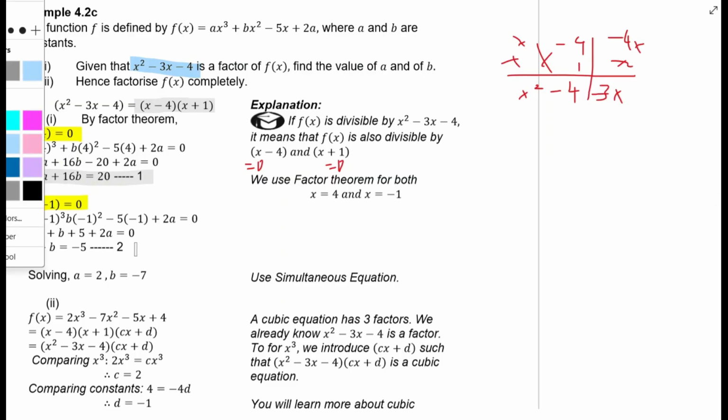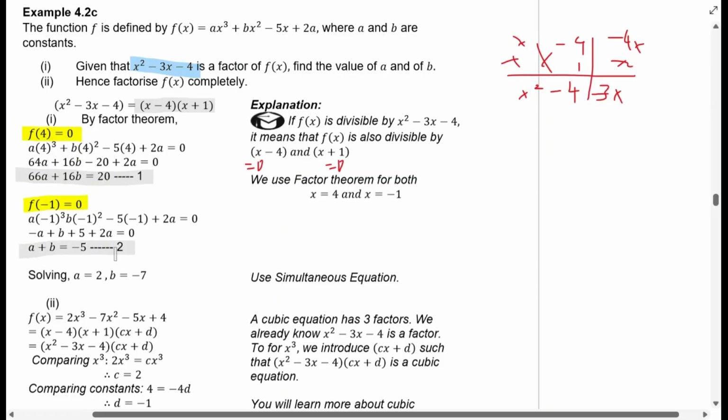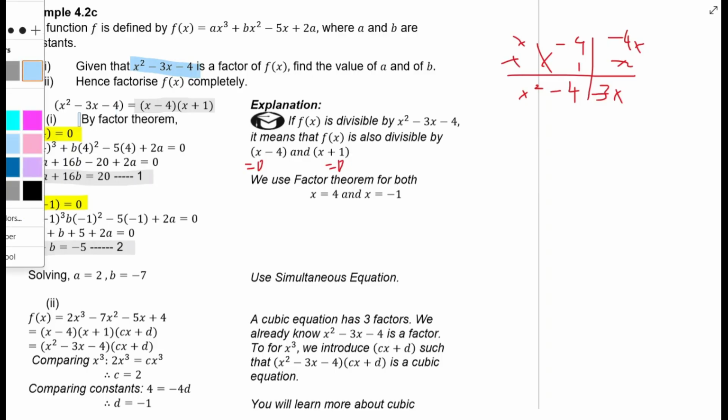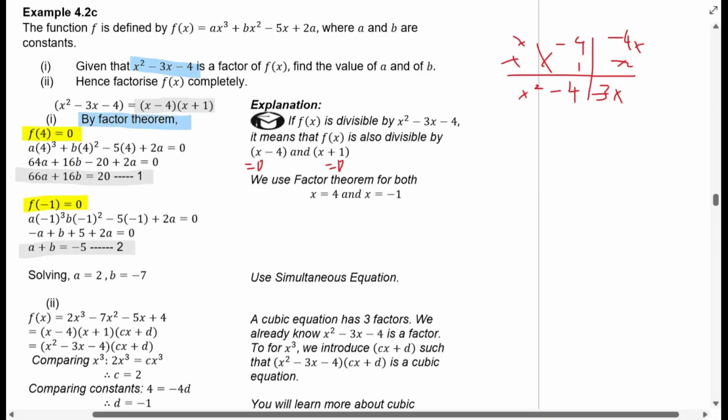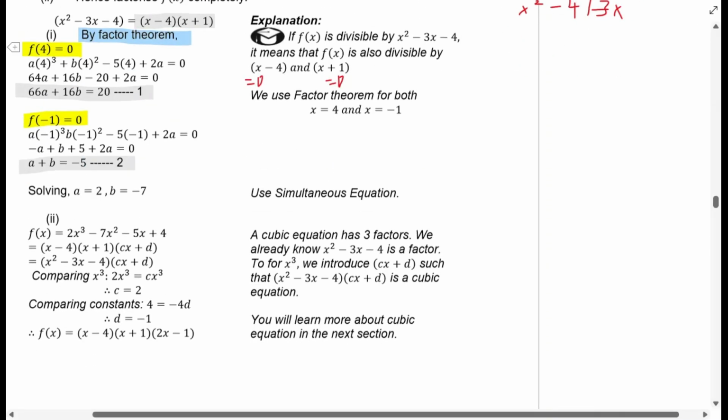And then you will end up with your equation 2 after expanding everything. So please also remember to state that it is by factor theorem. And then solving the simultaneous equation, you will get a equals to 2 and b equals to negative 7.